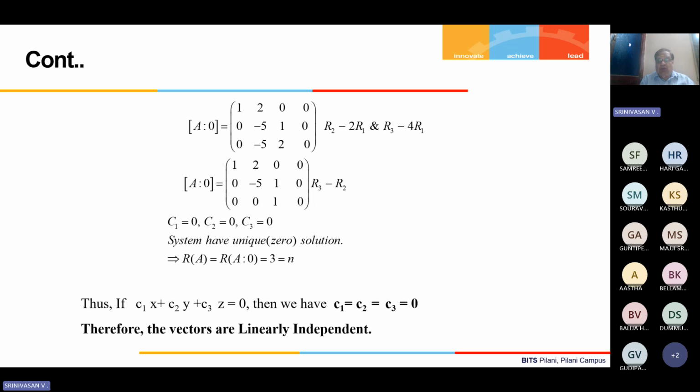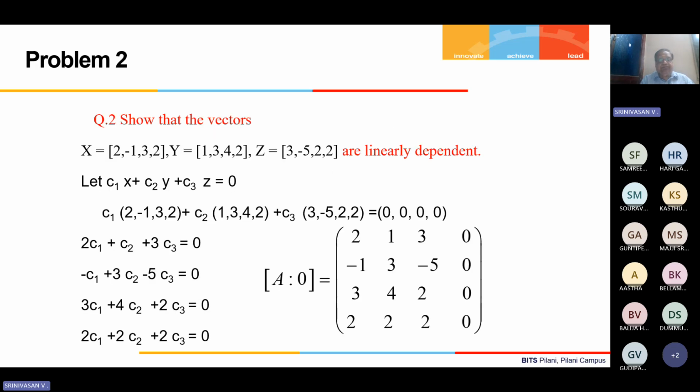And if it is also equal to the number of unknowns, then the system is consistent and has a unique solution. And if the ranks are equal, the system is consistent, but less than the number of unknowns, then the system will have infinitely many solutions. Okay, that's the additional information that we are going to see again.